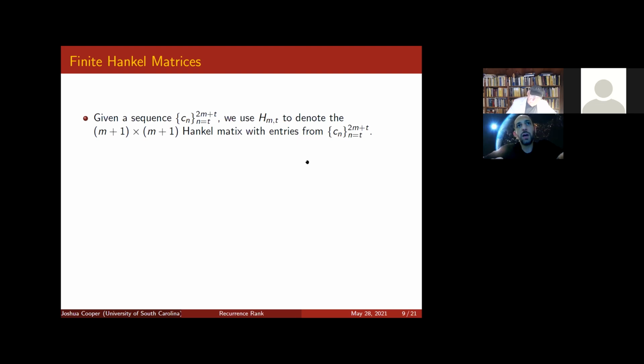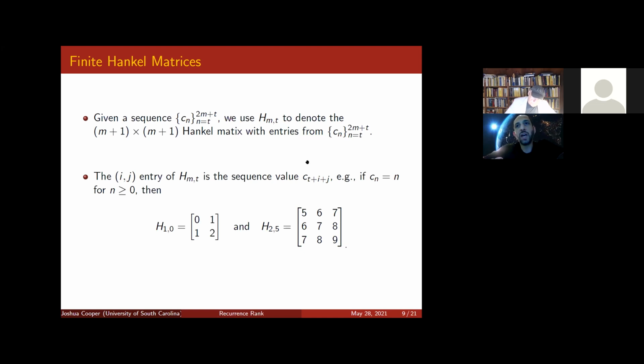Given your sequence, let's write H sub m,t to denote the m plus 1 by m plus 1 Hankel matrix obtained from shifts of the sequence. Just to give you precisely what I mean by that, the ij entry of this H sub m,t matrix is just C sub t plus i plus j. By way of example, if C sub n is just n when n is greater than or equal to 0, then for example H sub 1,0 is this 0, 1, 1, 2 matrix.